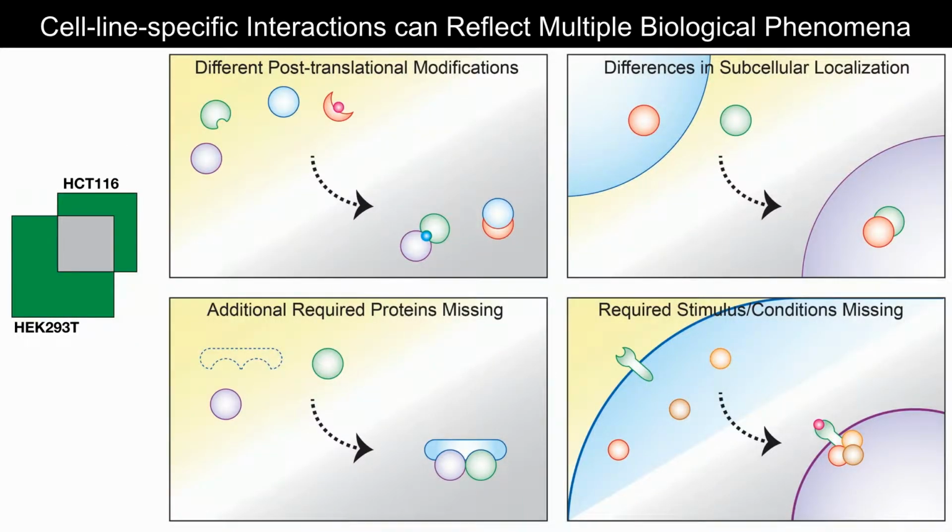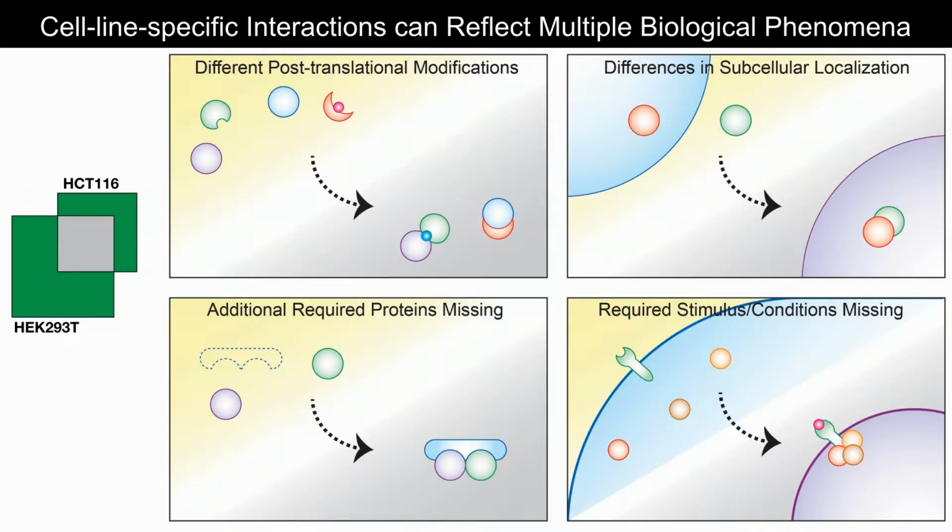Okay, so one of the main things that we want to do by looking at other cells is to understand how different post-translational modifications may affect interactions, how proteins may change their localization, and what we can learn in terms of the dynamics. And then also, as you know, there are many different kinds of stimulus that will change the activities of proteins.